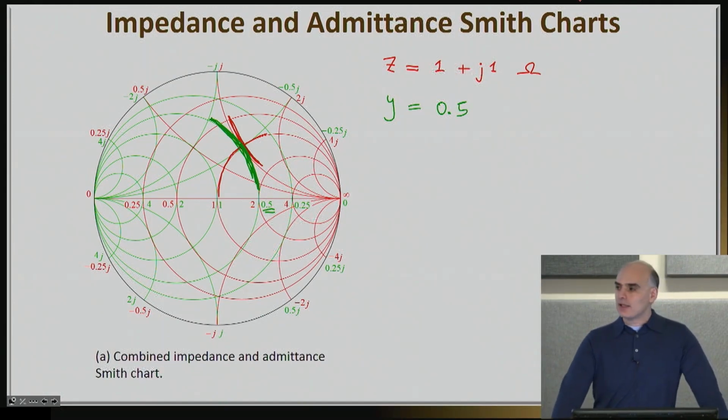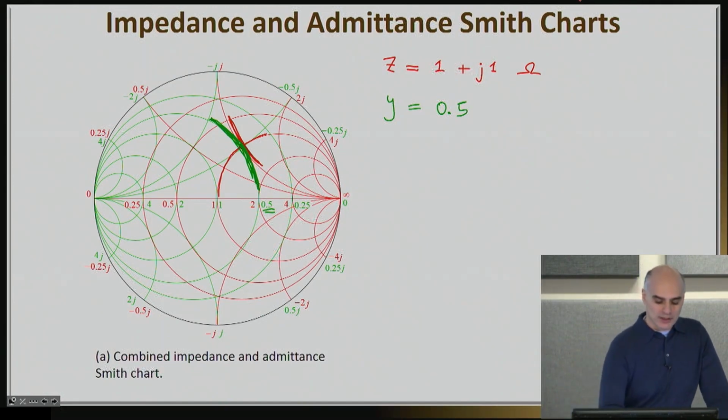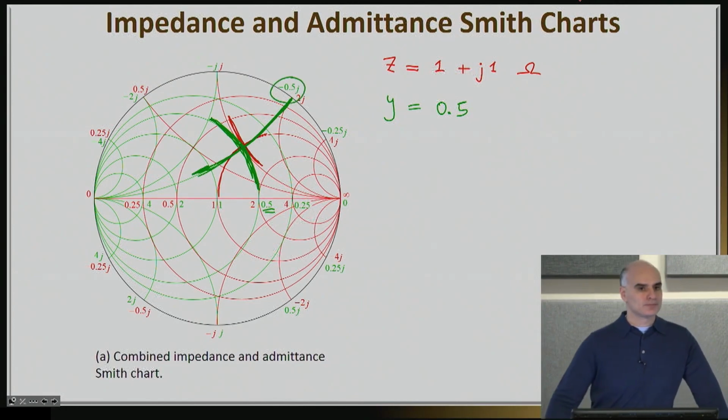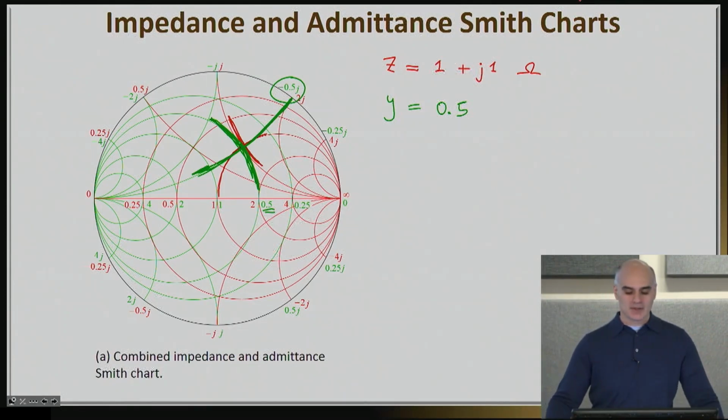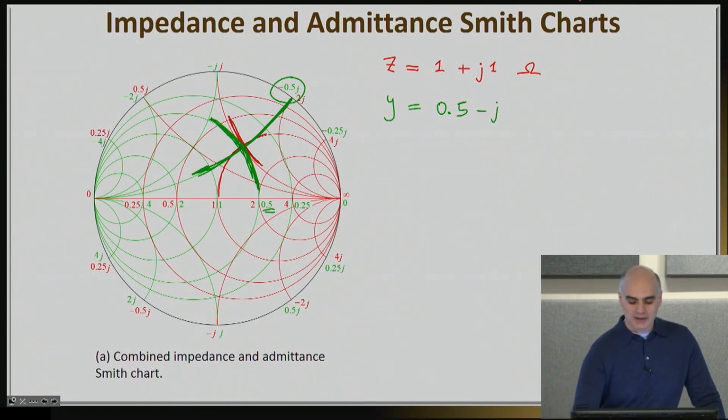And if you look at the imaginary part on the admittance chart with the green line, it actually passes through this line here, which has a value of negative 0.5. Now remember that I have already reversed my Smith chart by 180 degrees, which means on the admittance, on the upper side, I'm negative. So this will be negative j0.5.